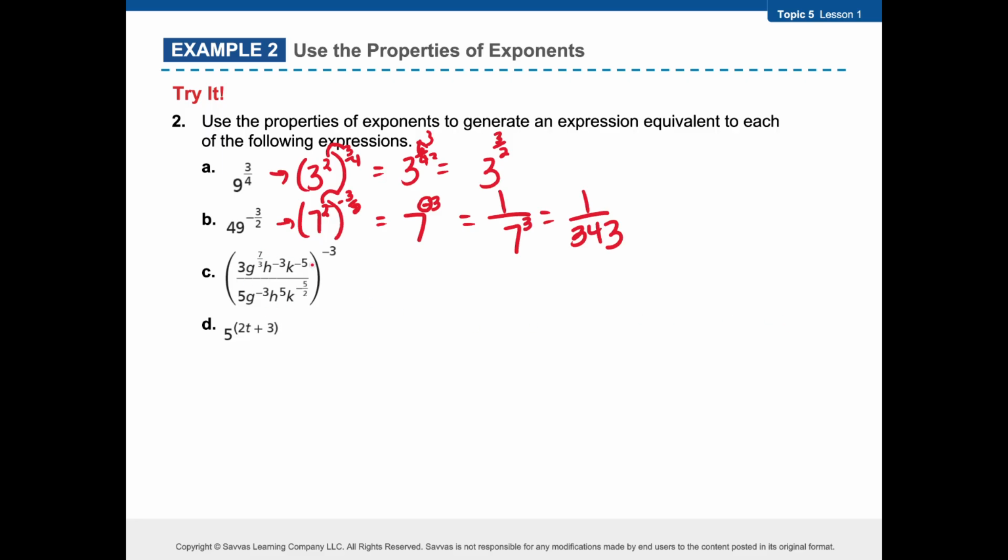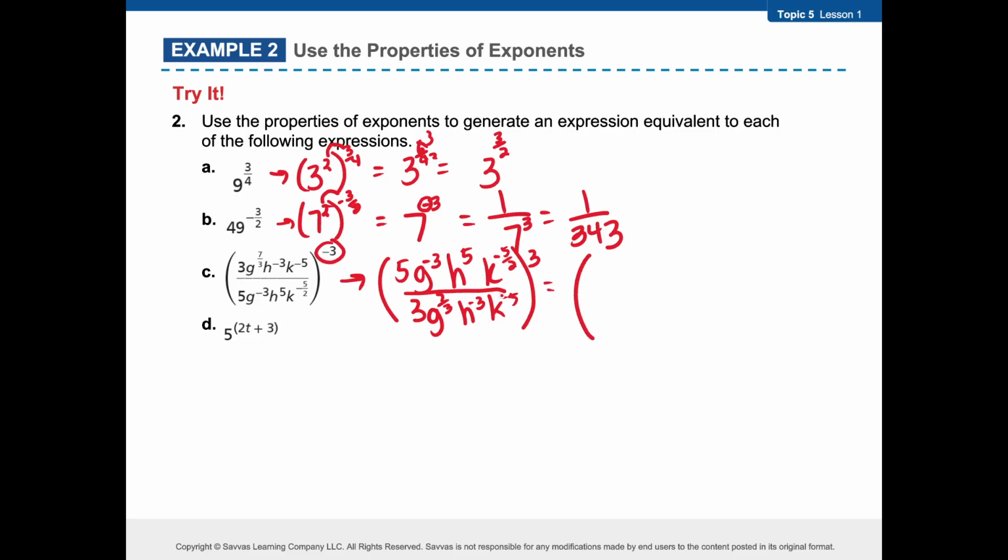Letter C, I see this entire fraction to the negative 3 power. So first thing I'm going to do is do the entire reciprocal of that fraction. So 5g to the negative 3rd, h to the 5, k to the negative 5/2 over 3g to the 7/3, h to the negative 3, k to the negative 5, and now I have a positive 3.